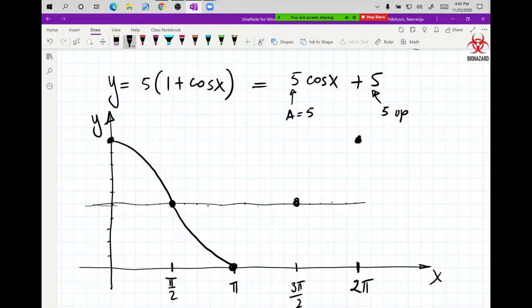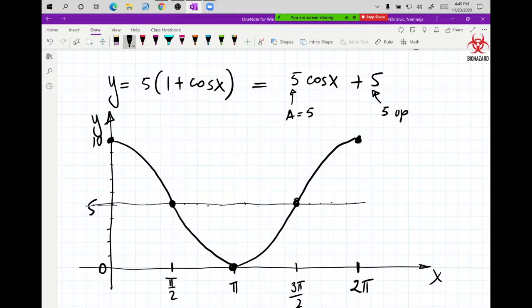It does what cosine graphs do, and this is your wave, right? So the top of the wave on the ocean or whatever, and look, this is 0, 5, 10.